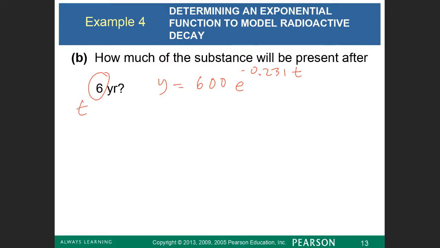So we just plug that in. It says how much substance will be present after 6 years, so we're looking for y here. So that would be 600 e power of negative 0.231 times 6. That's the number of years. And then we'll just calculate. And that would be our y, which is the future amount.